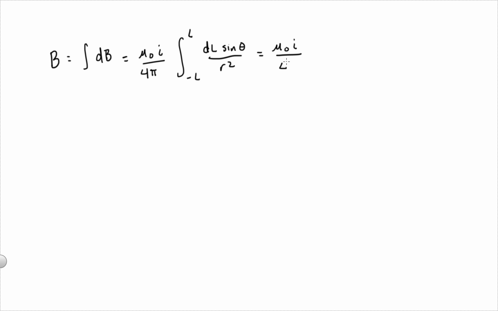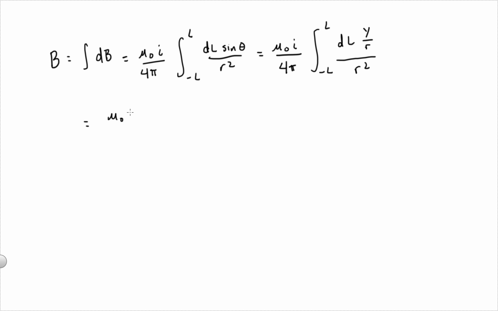And we know a few things about r and the sine term. The sine term is opposite over the hypotenuse, so that's going to be y over r, all over r squared. We're going to combine those terms in just a second.